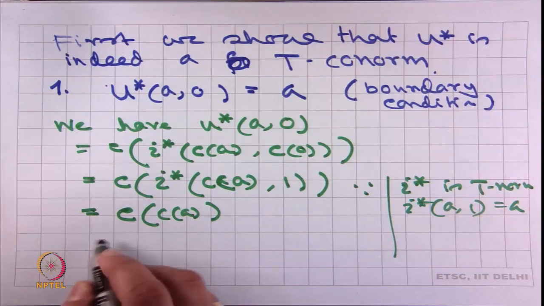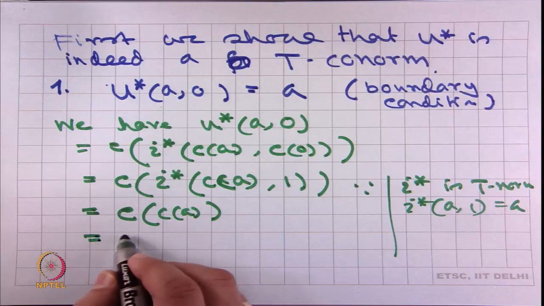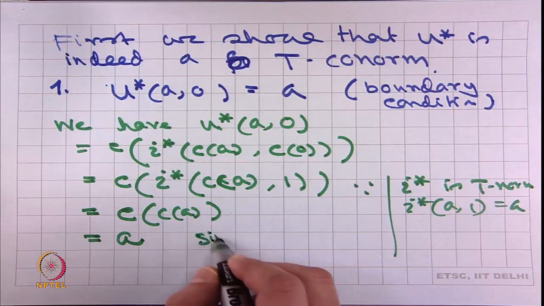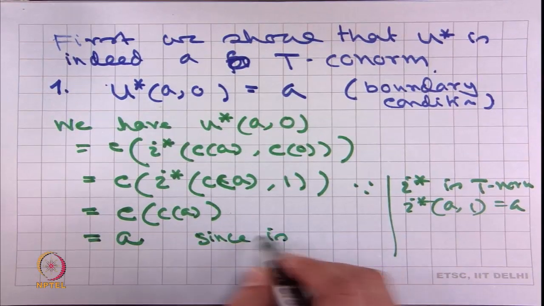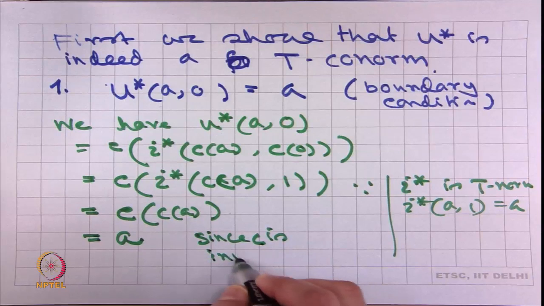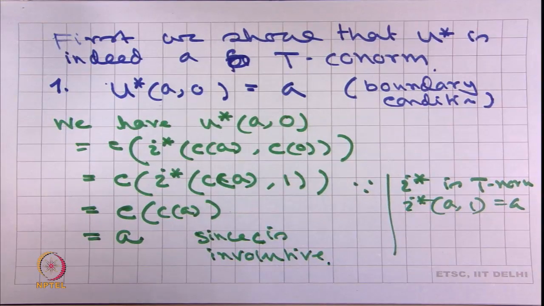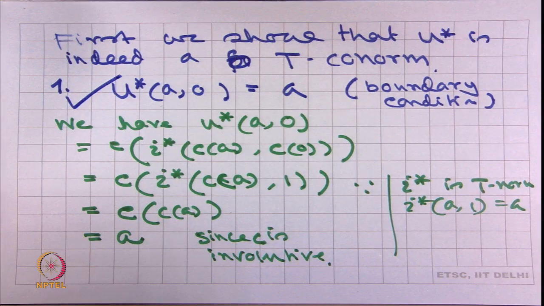This is equal to a, since C is involutive. Therefore, property 1 is verified.